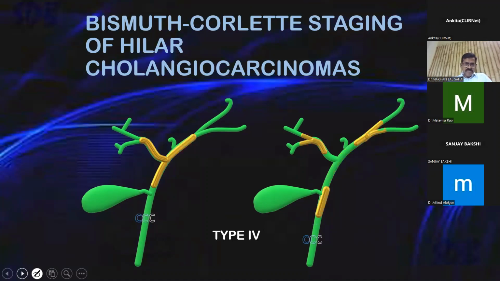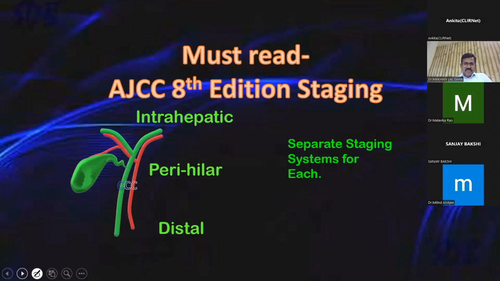Then you have a type 4, the classic Klatskin, where the tumor extends from the bile duct into the right and left hepatic ducts. And you have another variant with separate multicentric cholangiocarcinomas. So you must read the AJCC 8th edition staging, with separate staging for intrahepatic, perihilar, and distal.